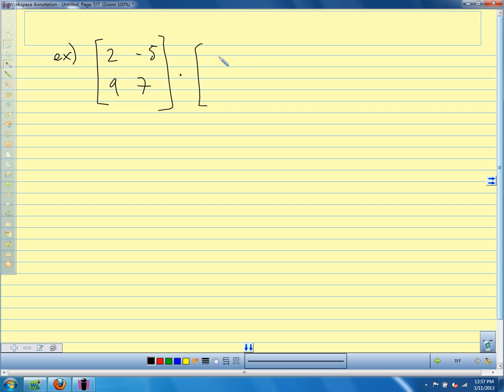And we're going to multiply by 3, negative 1, 3, and 6. So this is 2 by 2 and 2 by 2. These are equal, so my answer is going to be 2 by 2.